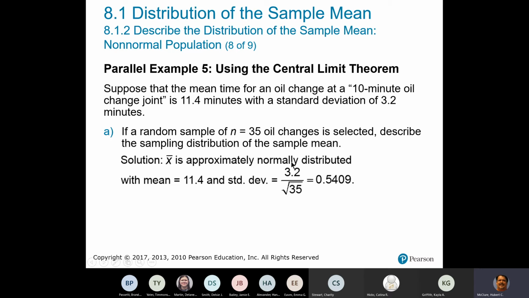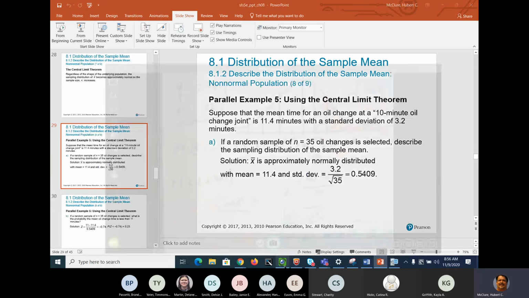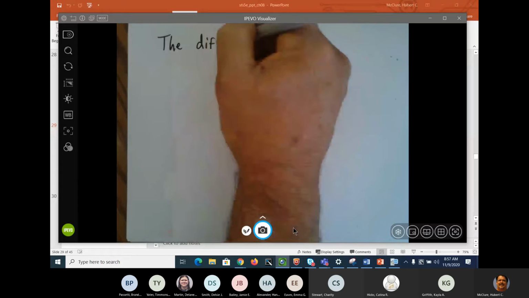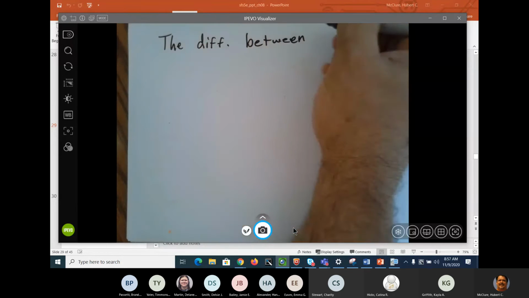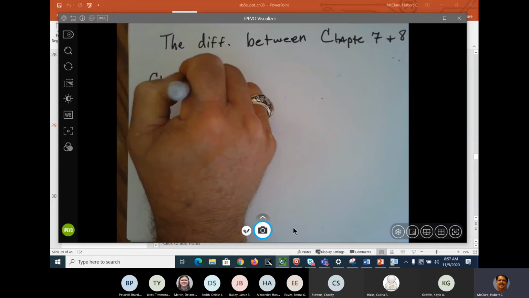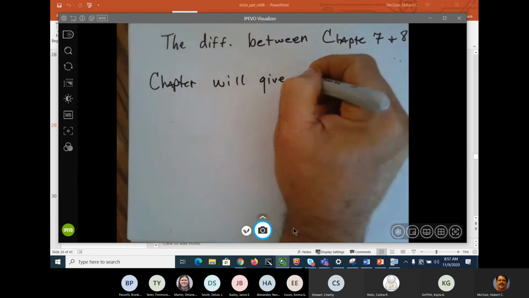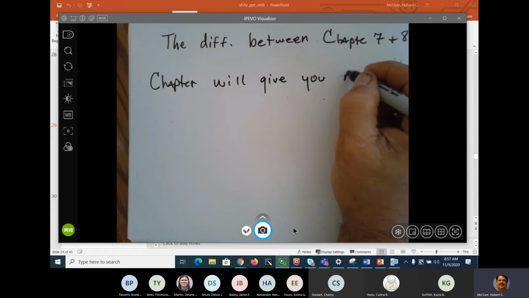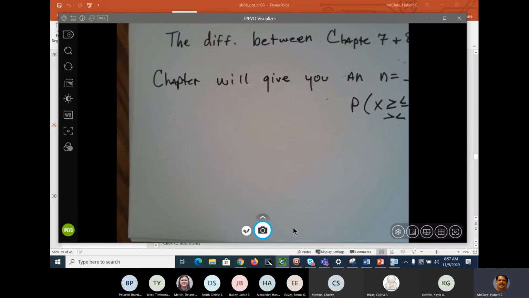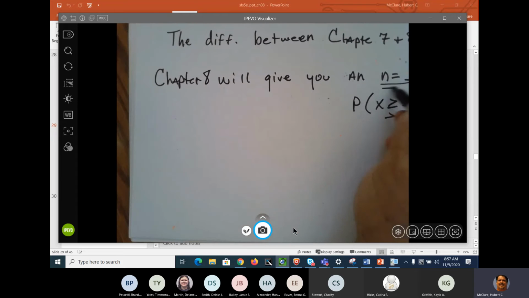Remember, the difference in Chapter 8: Chapter 8 will give you an n and a new probability.